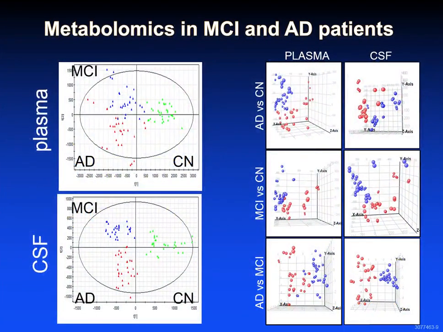What we found is that we could separate the groups pretty well, in plasma and CSF. And to my knowledge, the results were published in 2013.